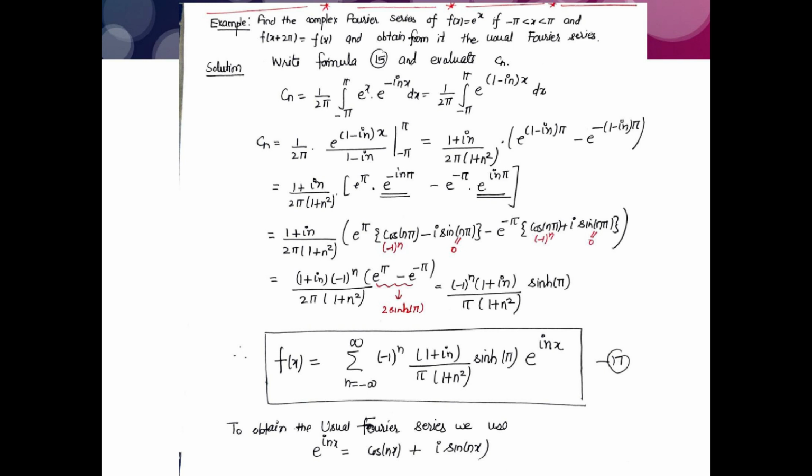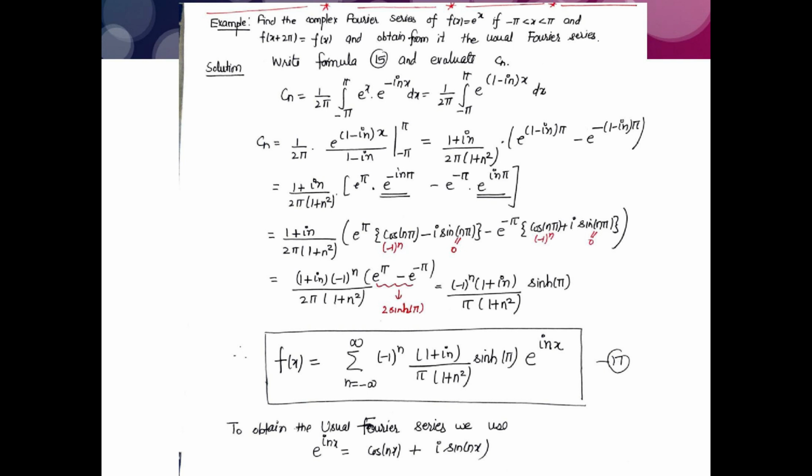Write down expression number 15 and we have to find what cn is. Cn is 1 upon 2 pi, integral from minus pi to pi of f of x e raised to power minus iota nx. Combine the exponential functions to get e raised to power 1 minus iota n x dx.